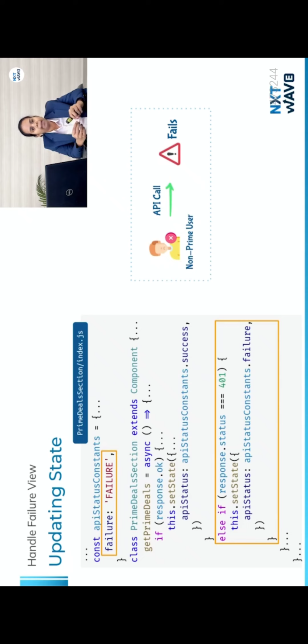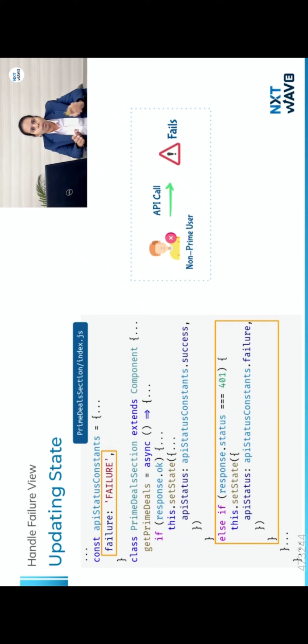When the API call is a failure, that means if the response.status is 401, we are handling only one particular failure case, that is user unauthorized. So in that case, the response.status will be 401. When the response.status is 401, we have to set the API status as failure. There you can see, we have written a constant, failure, and then in the setState, we are updating the API status state as failure.